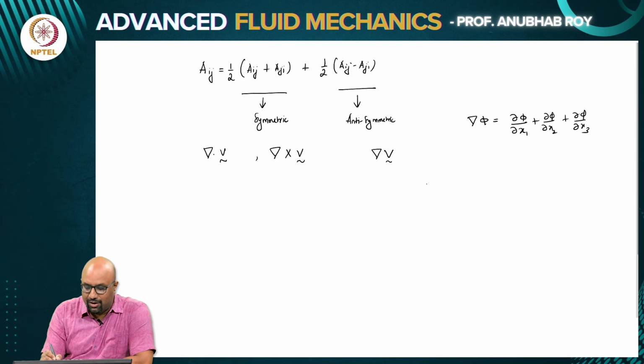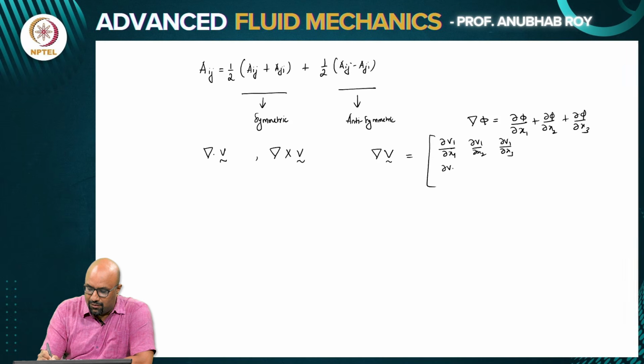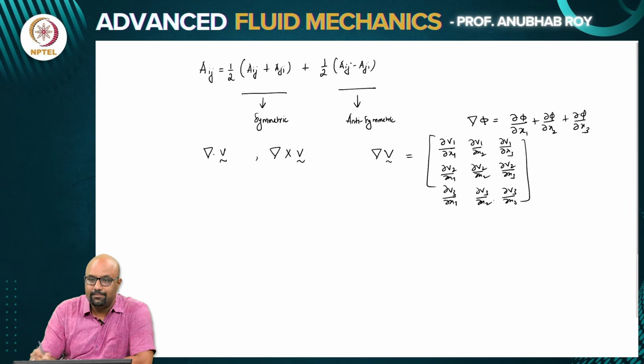The gradient of any vector field would be the quantities dou v1 dou x1, dou v1 dou x2, dou v1 dou x3, dou v2 dou x1, dou v2 dou x2, dou v2 dou x3, dou v3 dou x1, dou v3 dou x2 and dou v3 dou x3.